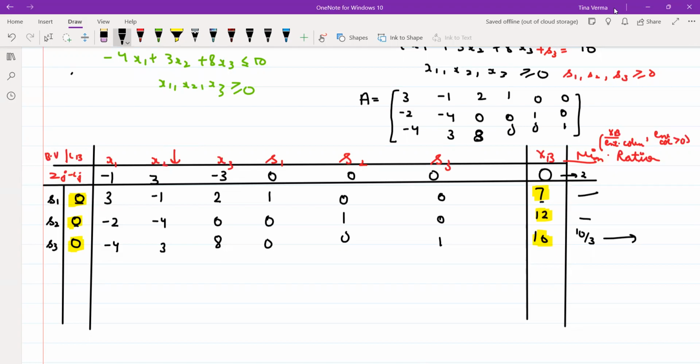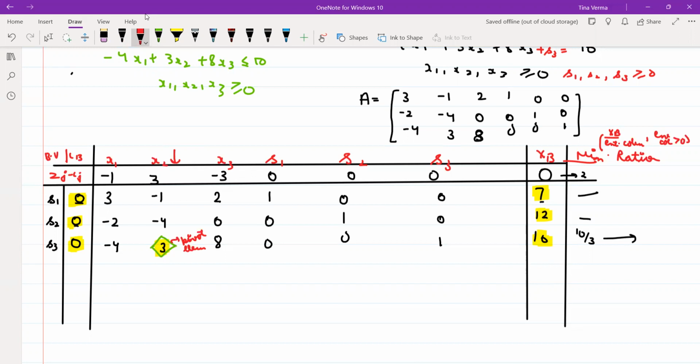What is the intersection of entering and leaving? Obviously this entry. So this entry is your pivot element. I will discuss that case: if all the entries are negative so that I cannot find the minimum ratio, then the LPP will have an unbounded solution.